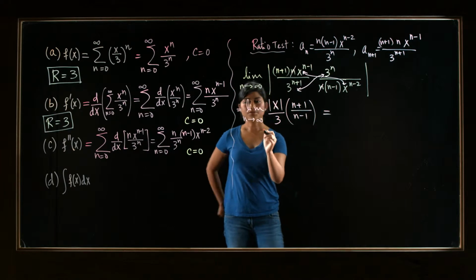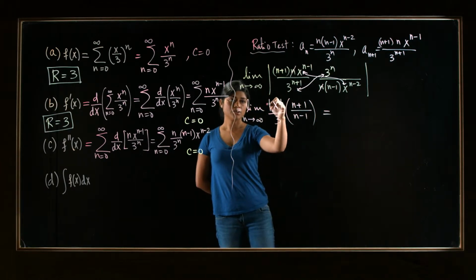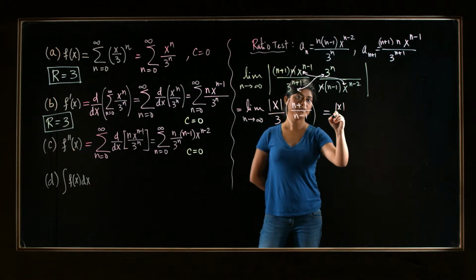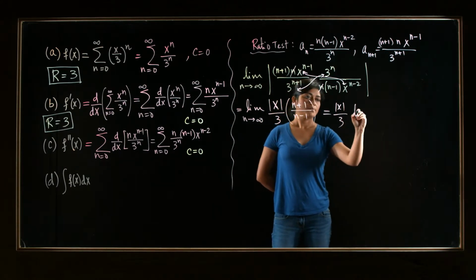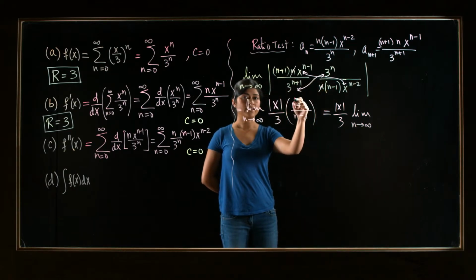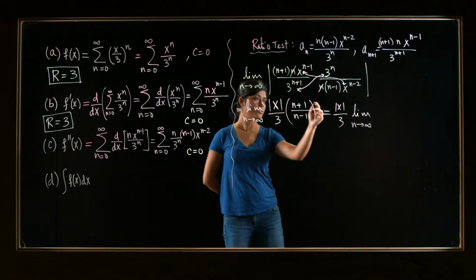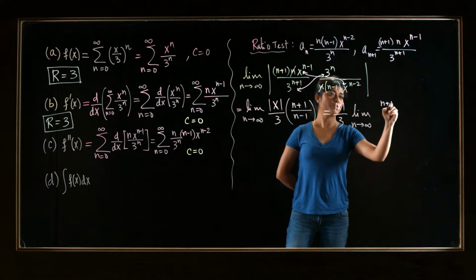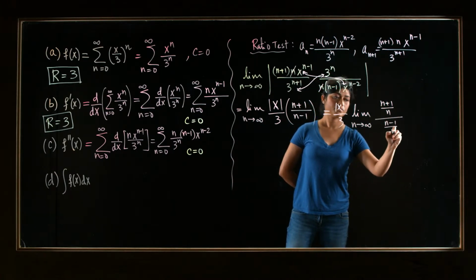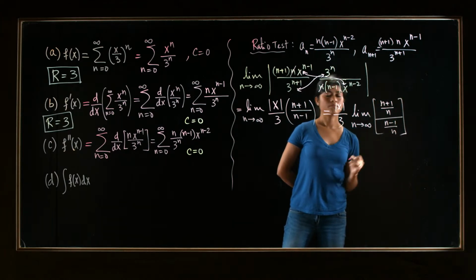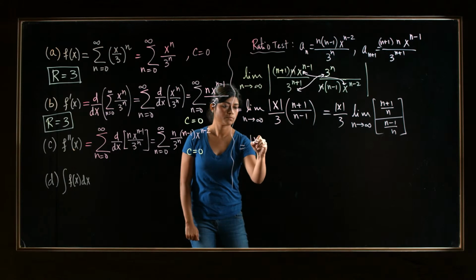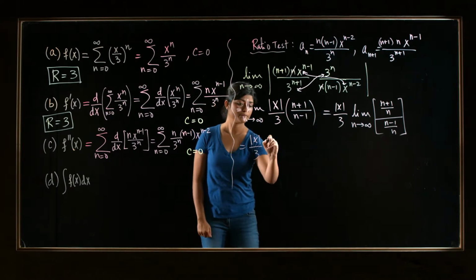Okay. Now, this is a limit on n, so the absolute x over 3 is a constant. So pull it outside the limit. And look, the highest power of n in this expression is 1. So you just divide both numerator and denominator by n, using a similar trick that we have used before. Okay.